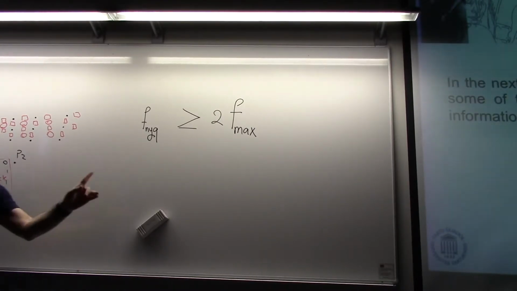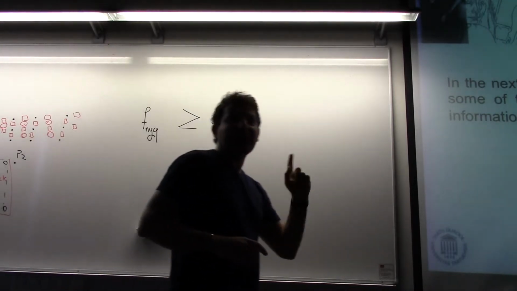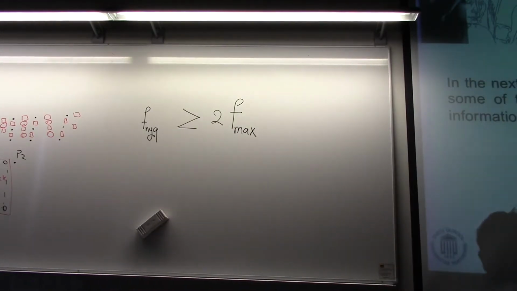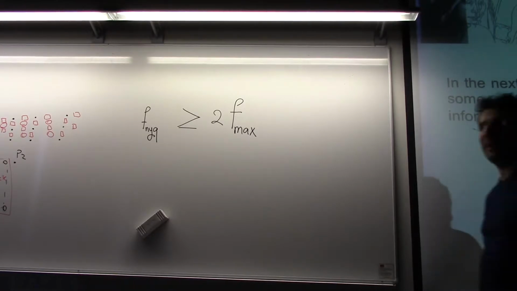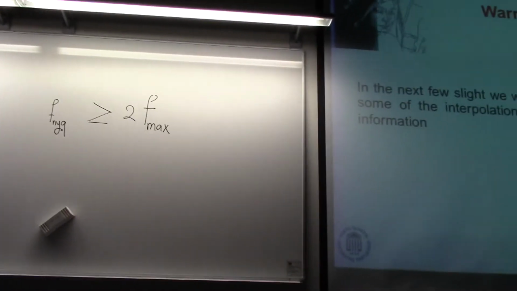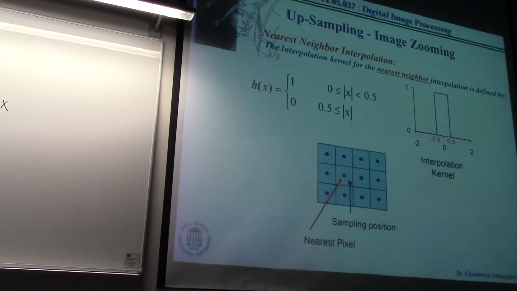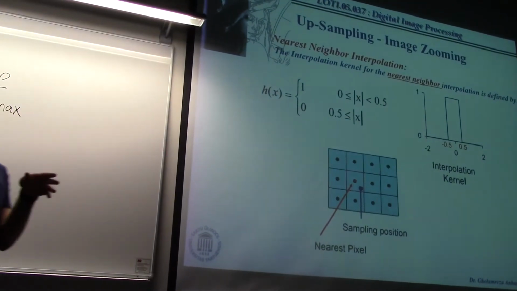Now, some warning. In the next few slides, which you are not responsible for, we will talk about the mathematical representation of nearest neighbor, bilinear and bicubic interpolations, in order to give you an idea how they work.